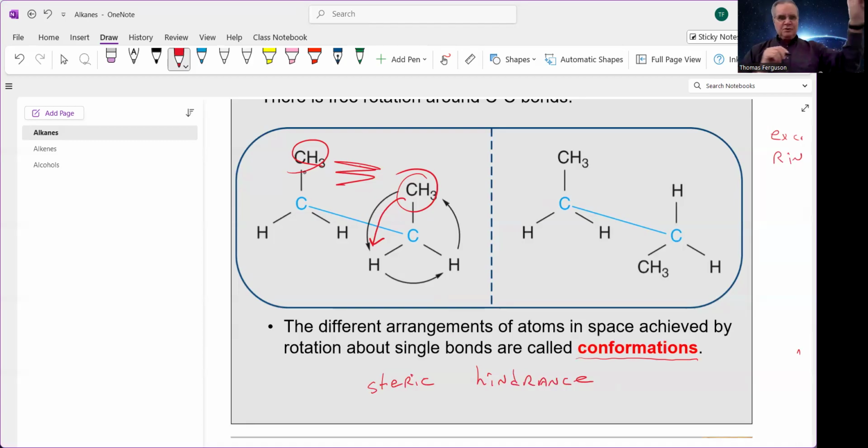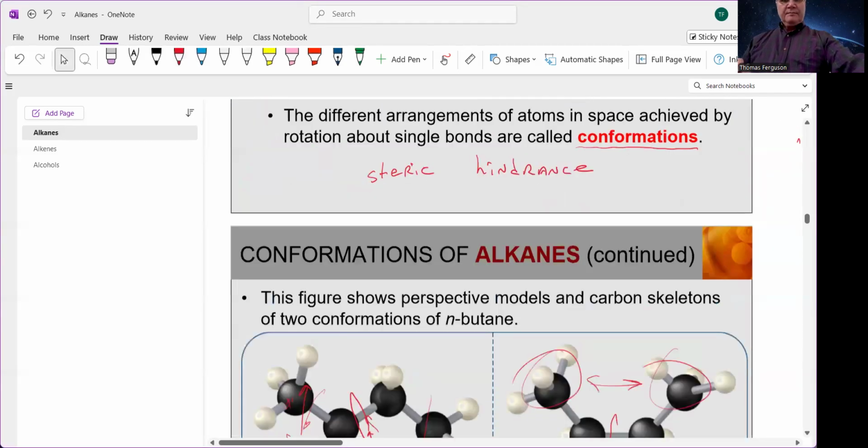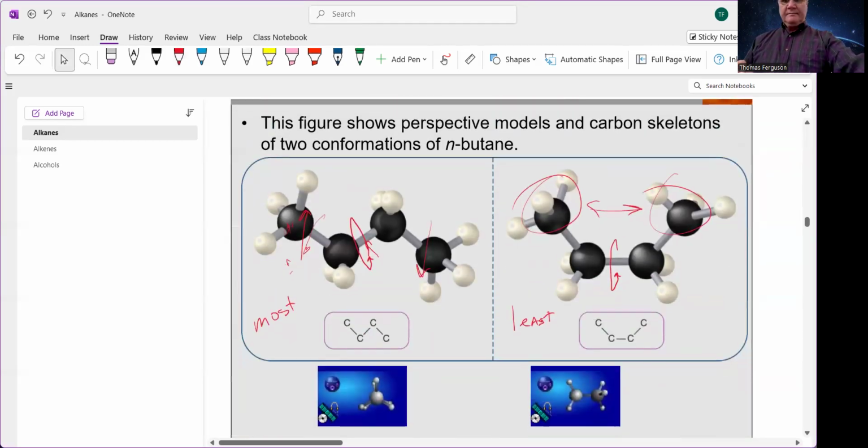Now, this assumes the bond is able to rotate. If the bond can't rotate, then you're stuck. This would be the same kind of deal.